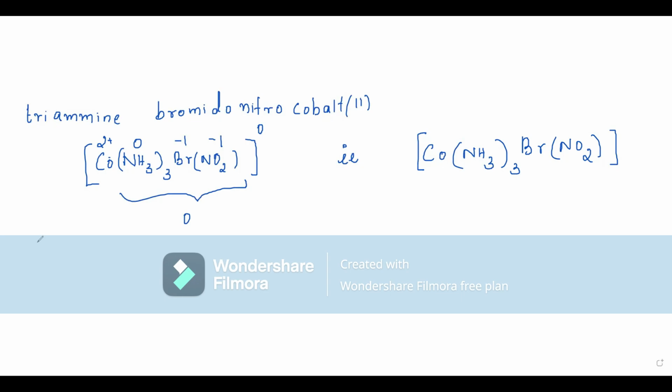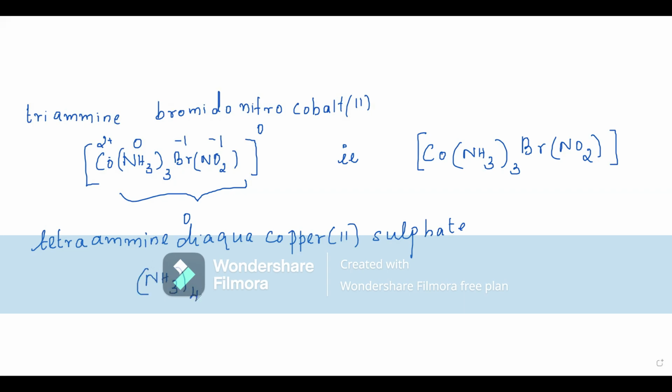Moving on with the third example, tetraammine diaqua copper(II) sulfate. Ammine is NH3 4 times, diaqua is H2O 2 times, copper is Cu and SO4 is sulfate.